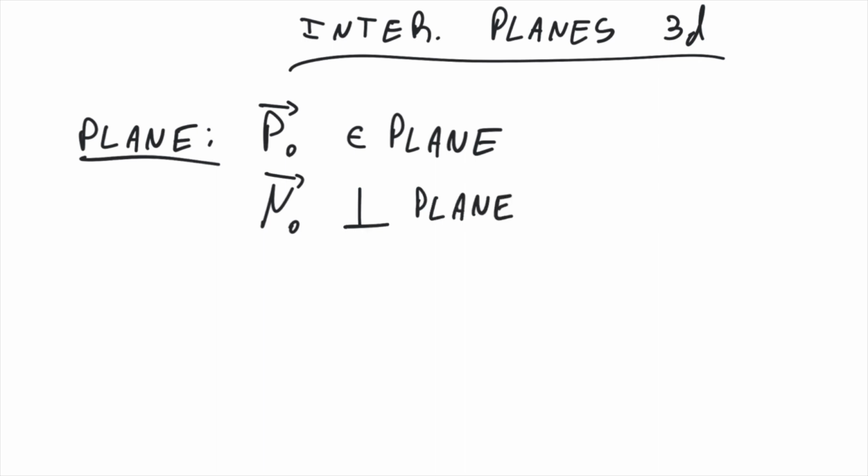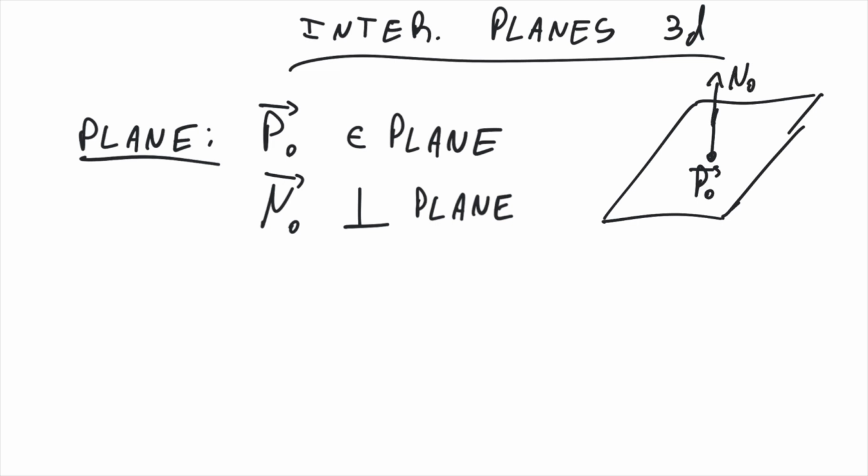One way to visualize it: I have the plane like this, the point P0 on the plane, and the vector N0 is perpendicular, so the angle here is a right angle.